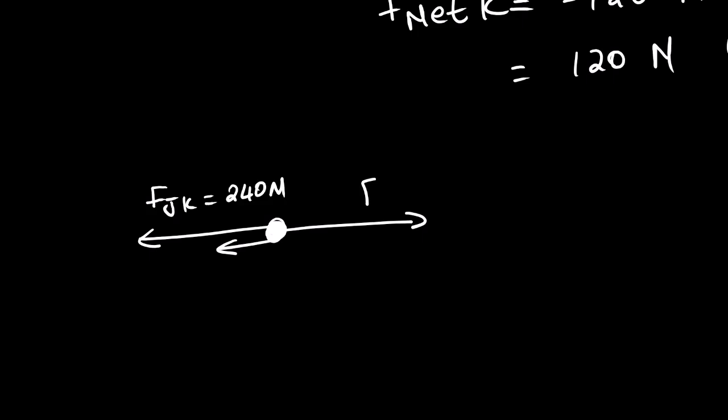And then this one will be F KL, which is 120 newtons. This is not drawn to scale, by the way. Our F net will be this one, which is 120 newtons. Let us look at another one.